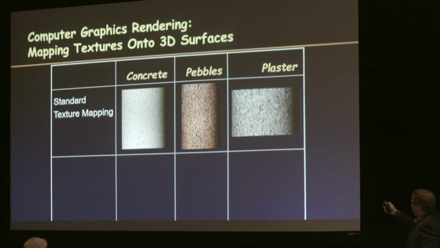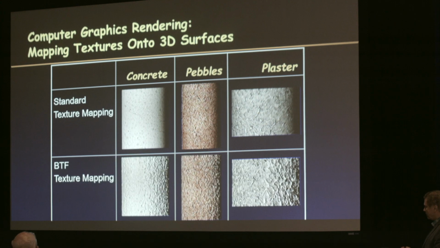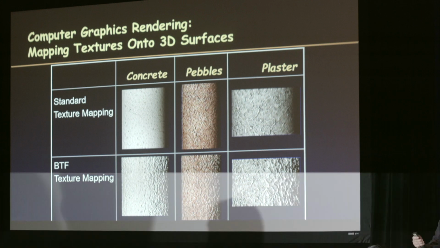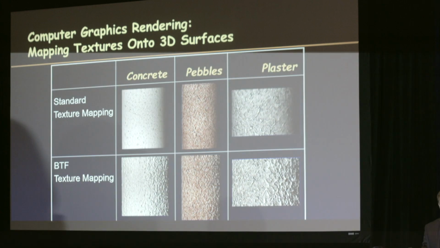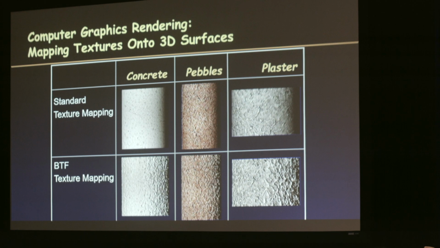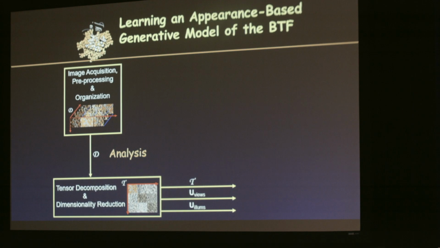Let's look at the problem of texture mapping. A surface is very complicated. So an ordinary texture map on a 3D surface looks kind of too simple. But we can actually learn how a surface appears under various lighting and illumination and from the different points of view, the way we're looking at it.